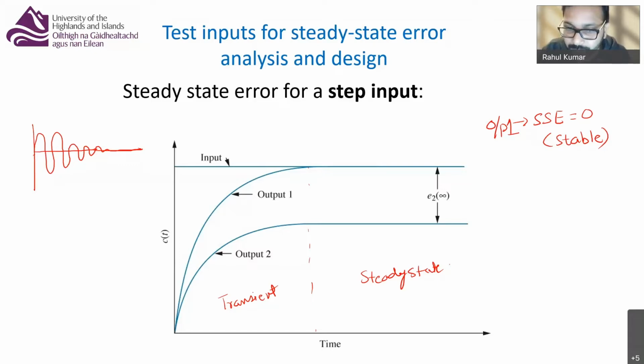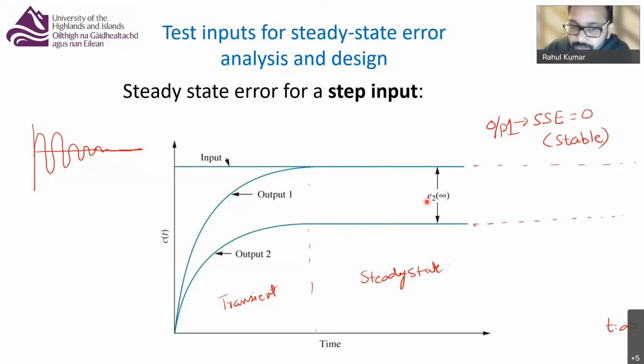Even at t equals infinity, you will have the same error. Let's say time is infinite, or maybe 10 hours, 20 hours, 24 hours, a very long time. Even after a very long time, my error is the same, E2. So that is why I have mentioned E2 infinite. That is, at t equals infinity, the error will be the same.